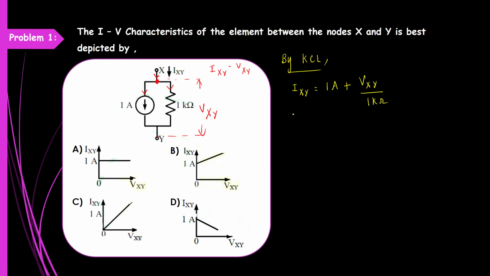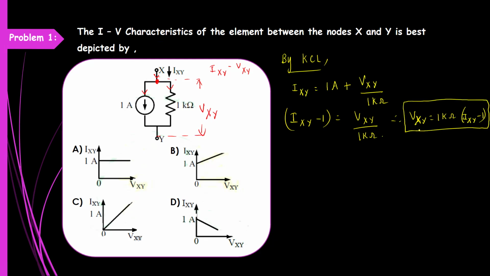So IXY minus 1 equal to VXY by 1 kilo ohms. Therefore, VXY equal to 1 kilo ohms into (IXY minus 1). So let me take this equation as consideration to find the characteristics.